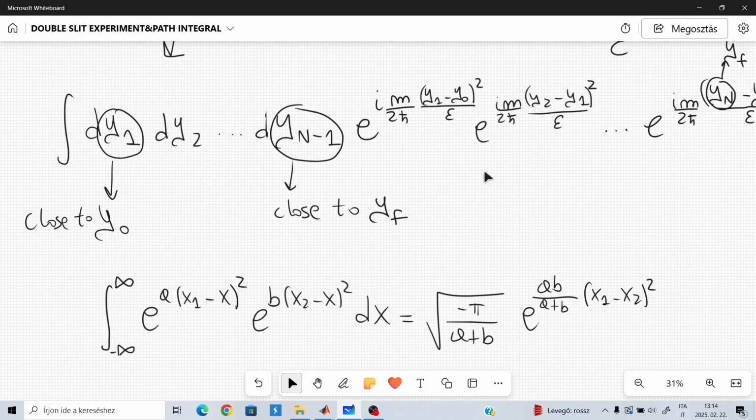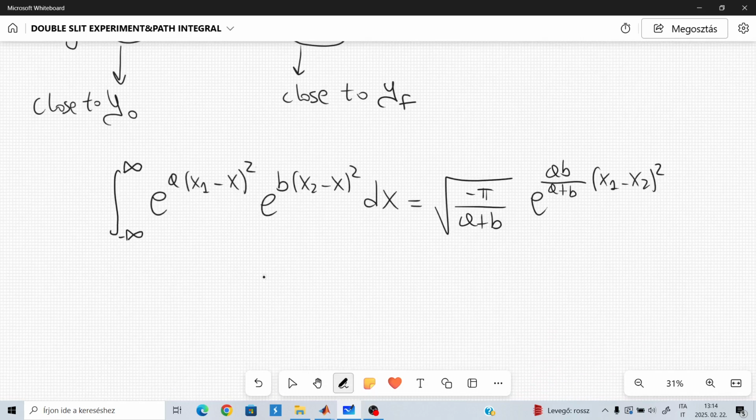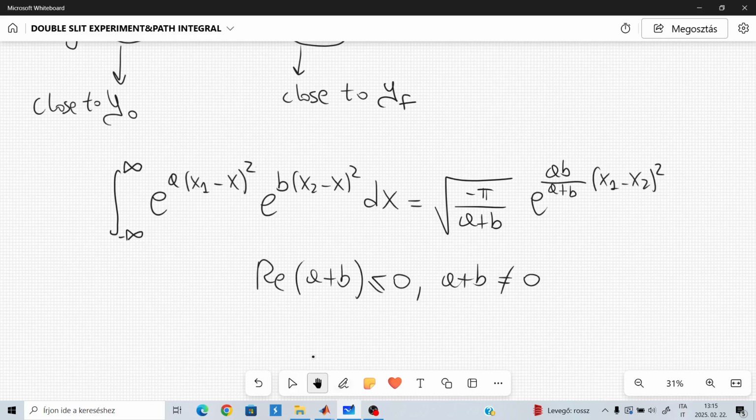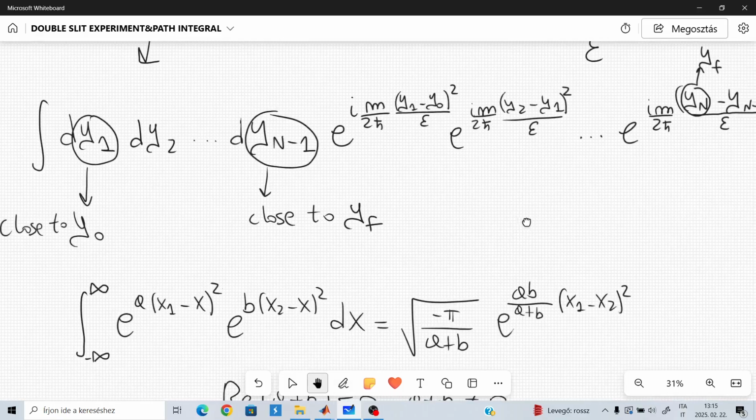And this holds for the real part of a plus b less than or equal to 0, and a plus b not equal to 0.